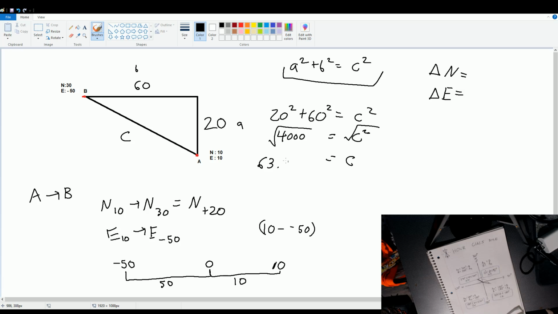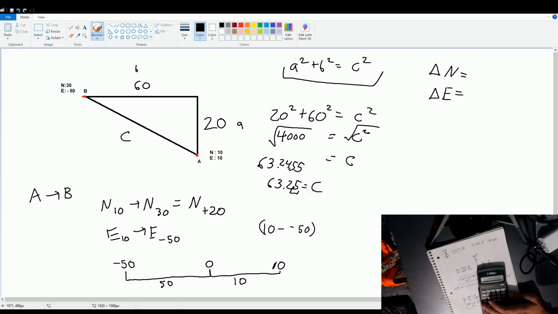Depending on if you want to round up or round down, I would personally round this up to 63.25, but when it comes to fives and rounding, it's pretty debatable on which side we should go on.